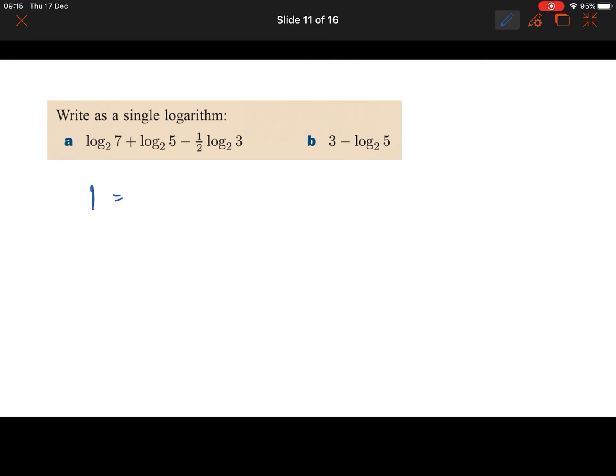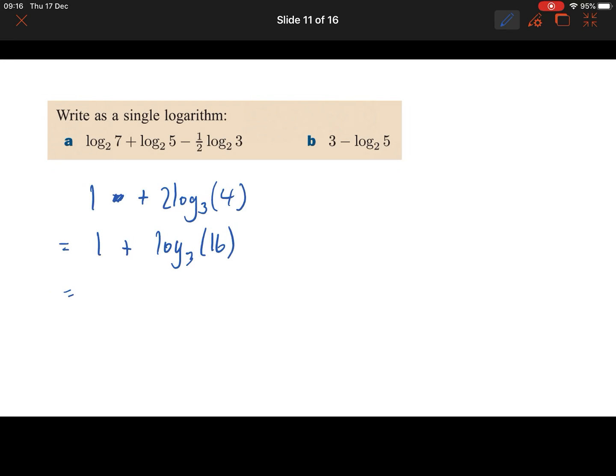Okay, let's just do one more example of something like that. Maybe you get something like this: 1 plus 2 log base 3 of 4, let's say.